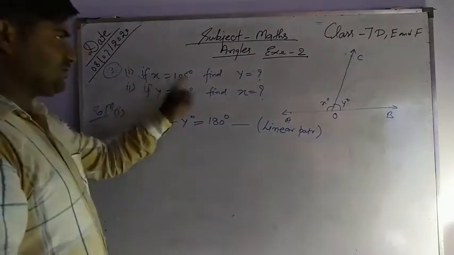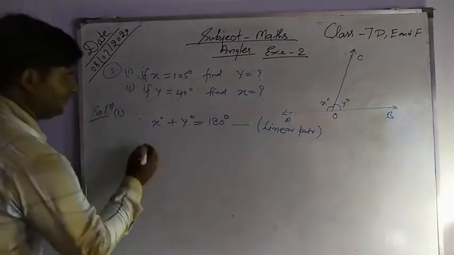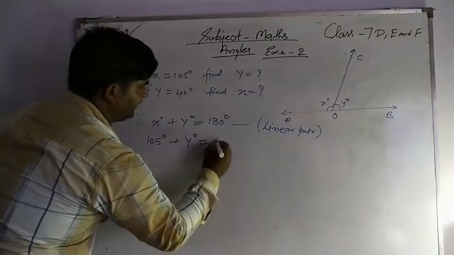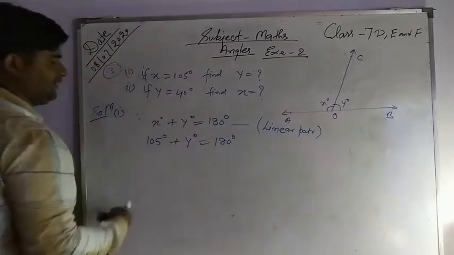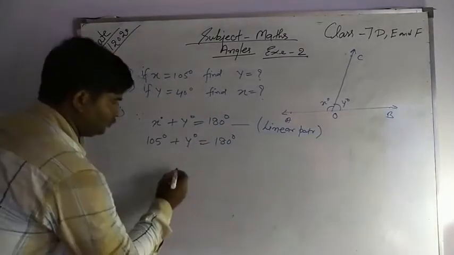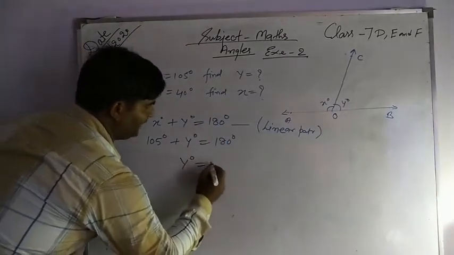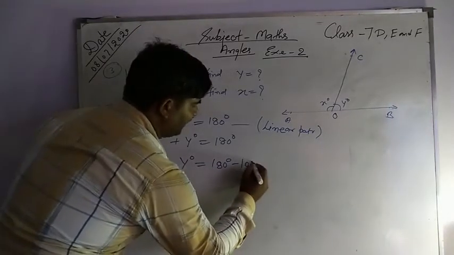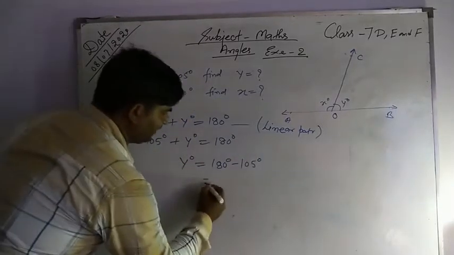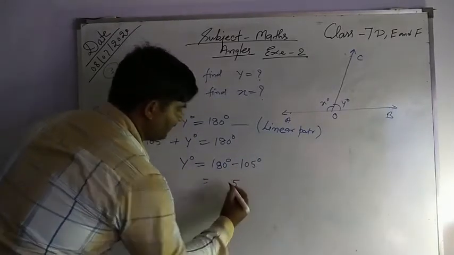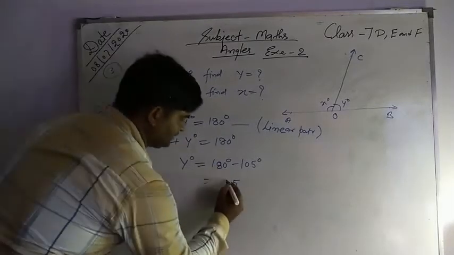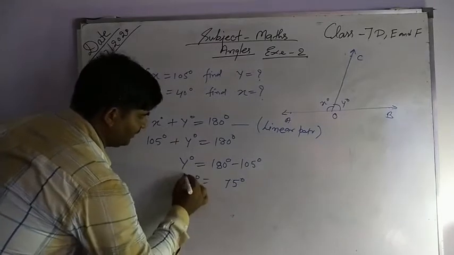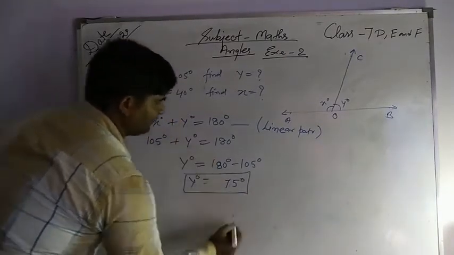But the value of x is equal to 105 degrees. So we put the value, 105 plus y degrees is equal to 180. Now we transfer 105 to the other side, then y is equal to 180 minus 105. Now subtract, and we get 75 degrees. This is the answer of the first part.